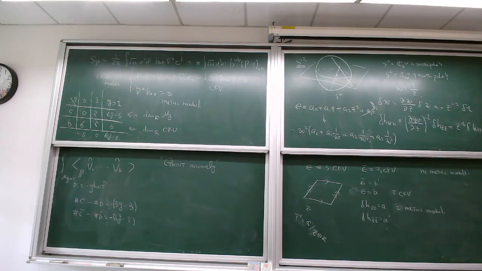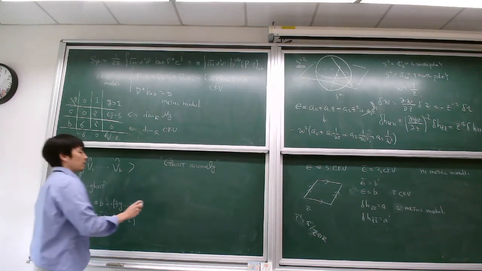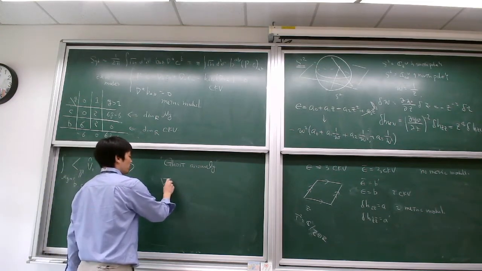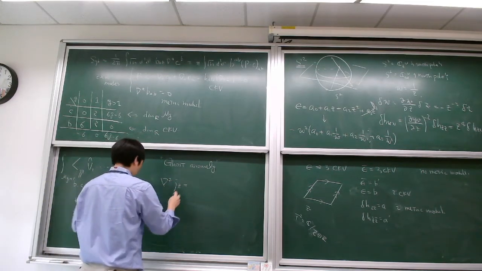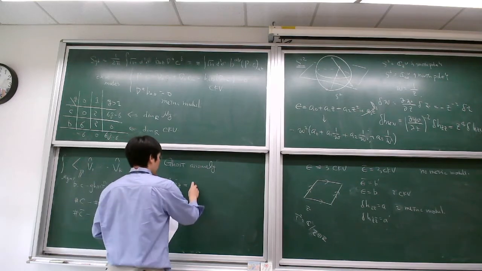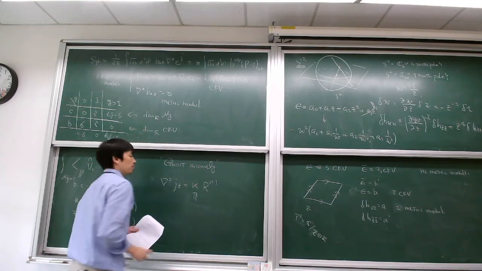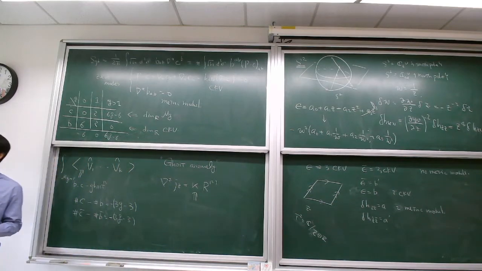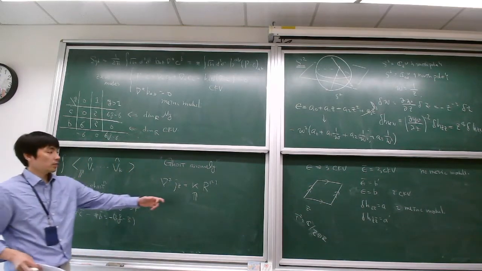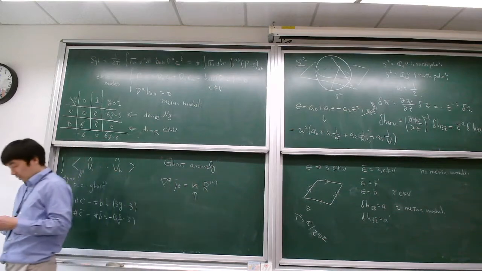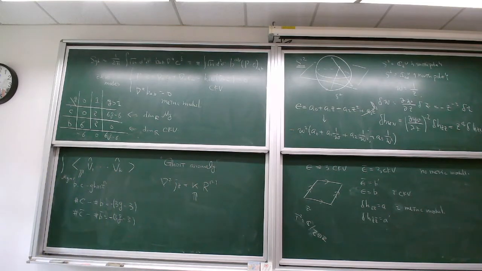Again, we will look at the conservation of the ghost current, which is proportional to kappa times R2. That is related to the curved worldsheet, which is a scalar. And from here, we will see the consequence of this ghost anomaly for the string amplitude.